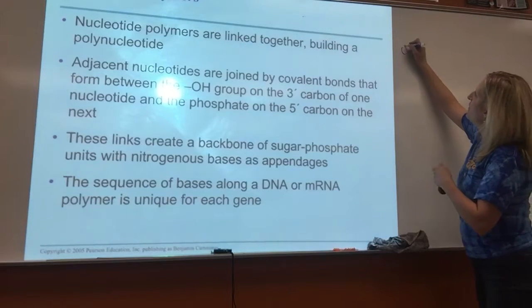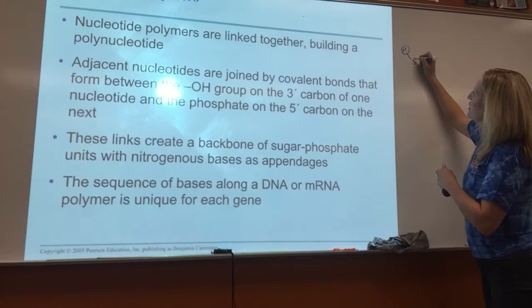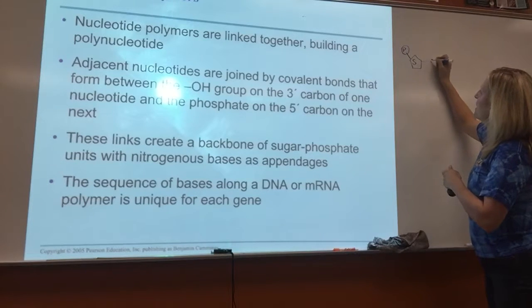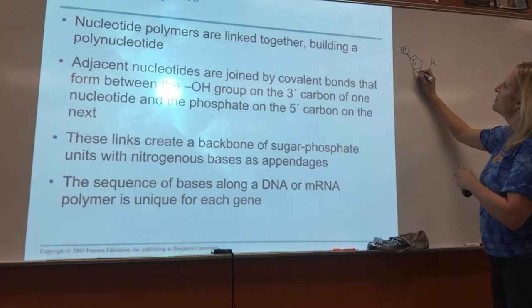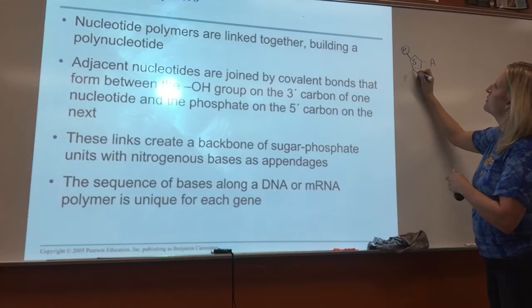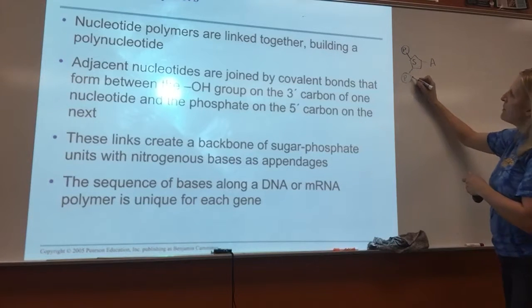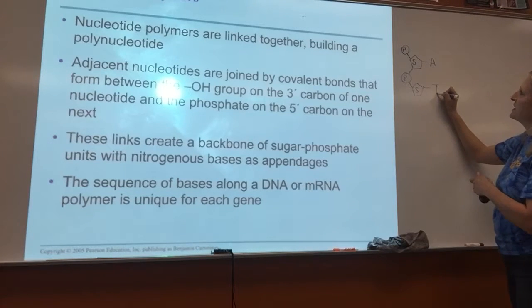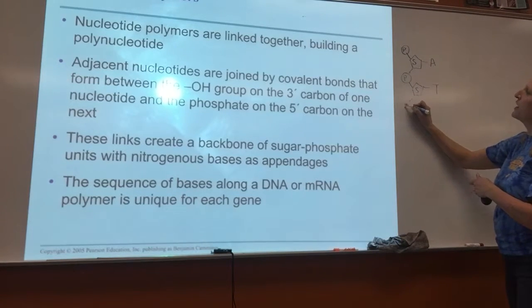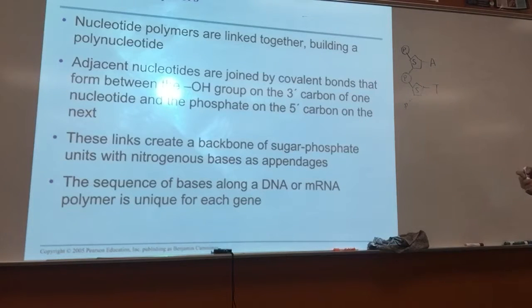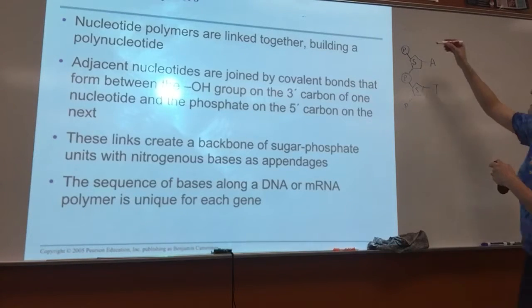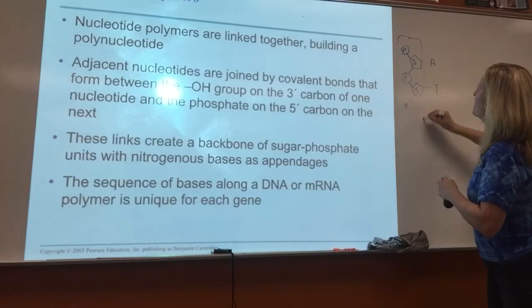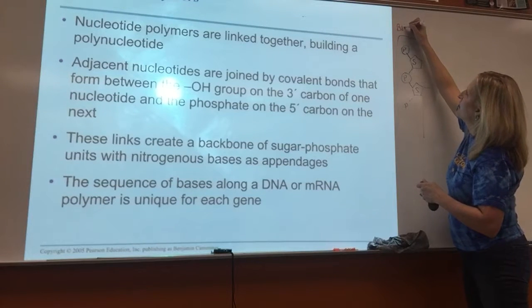So when we look at phosphate sugar base A, if this is DNA, this sugar is going to bond with the phosphate group of the next. So here's your sugar, again deoxy, and then here you have a T, and so on and so forth. You keep on hooking the nucleotides together. This is called the backbone of the molecule.